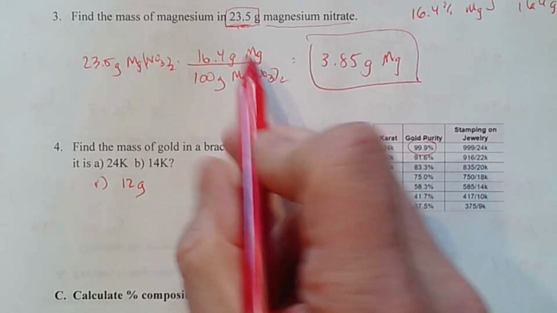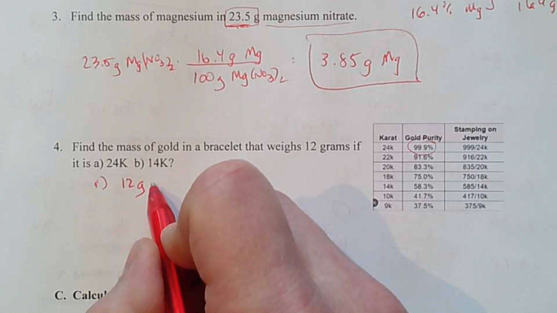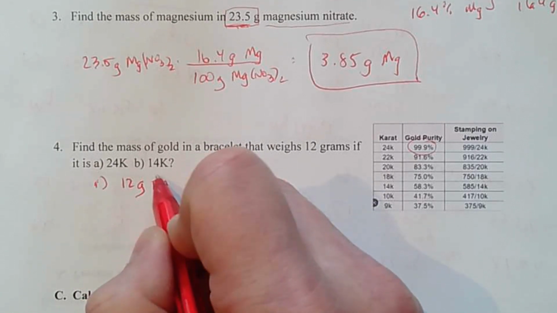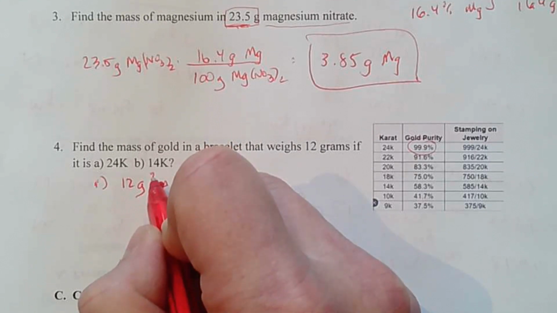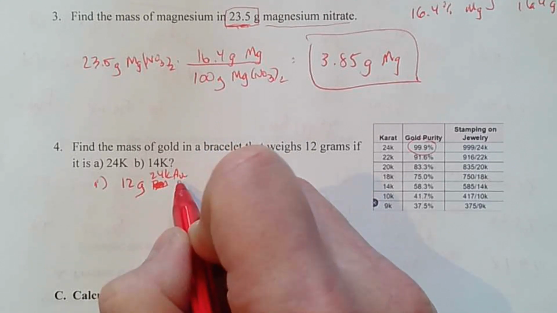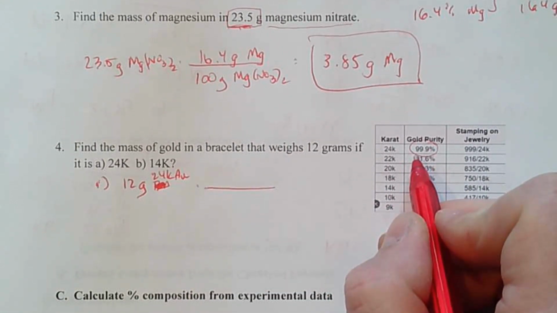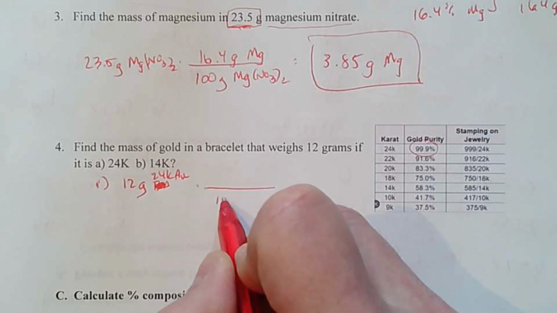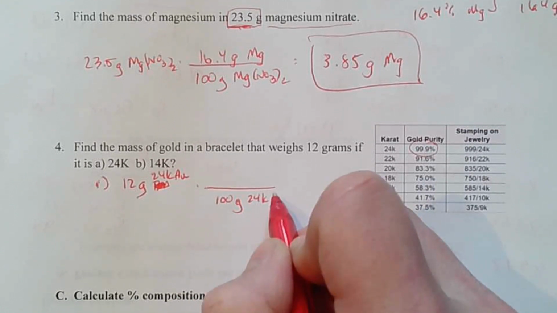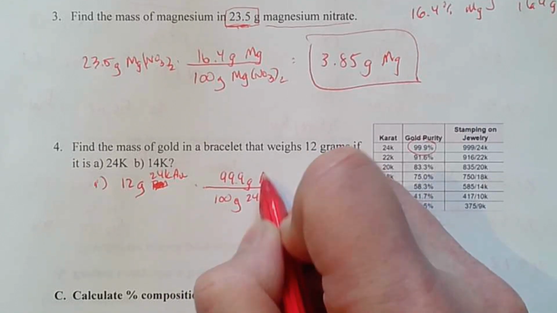Or, one way you can think of this: if you have 24 grams of 24 karat gold, I'll just use Au for gold, for every 100 grams of 24 karat gold you actually have 99.9 grams of true gold.